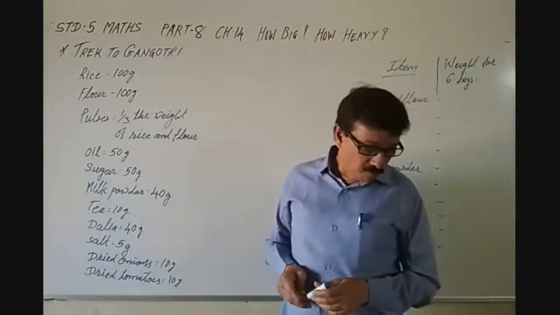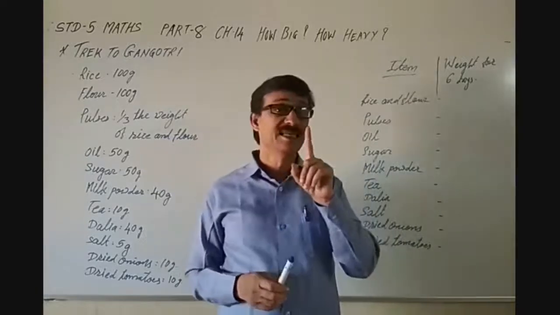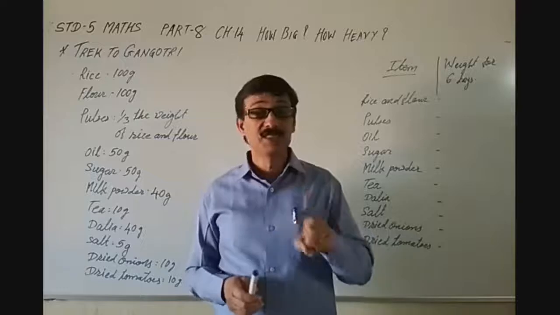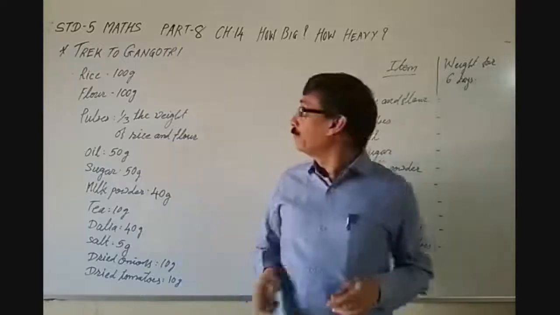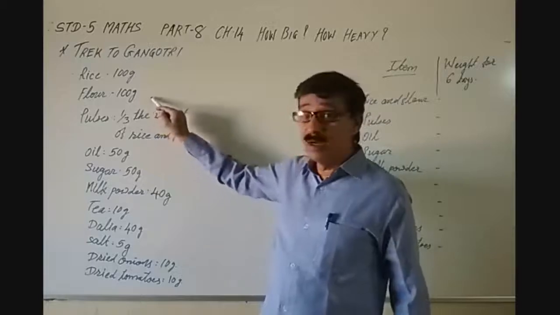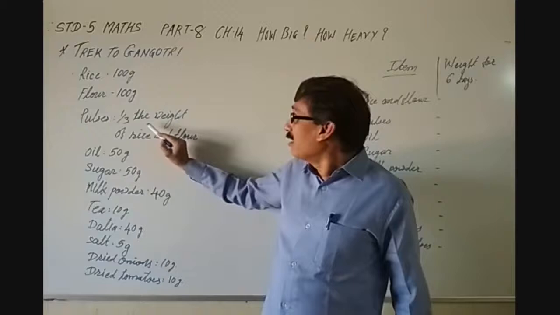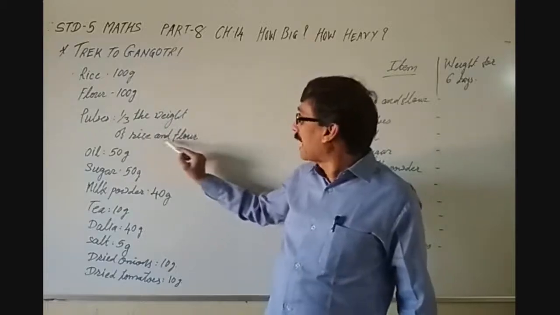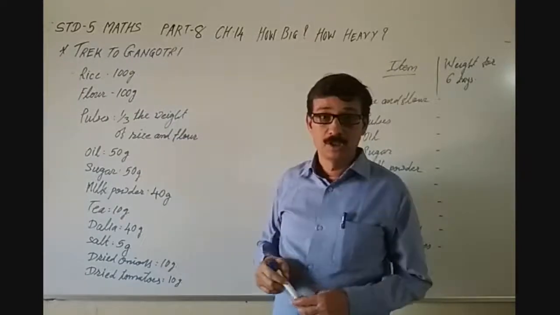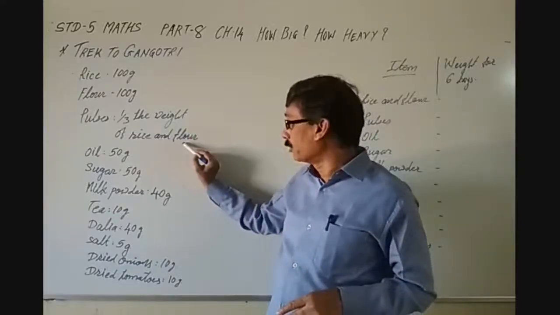This is the list of food each person will need for 1 day. Let's see. Rice 100 gram, flour 100 gram, pulses 1/3 the weight of rice and flour.